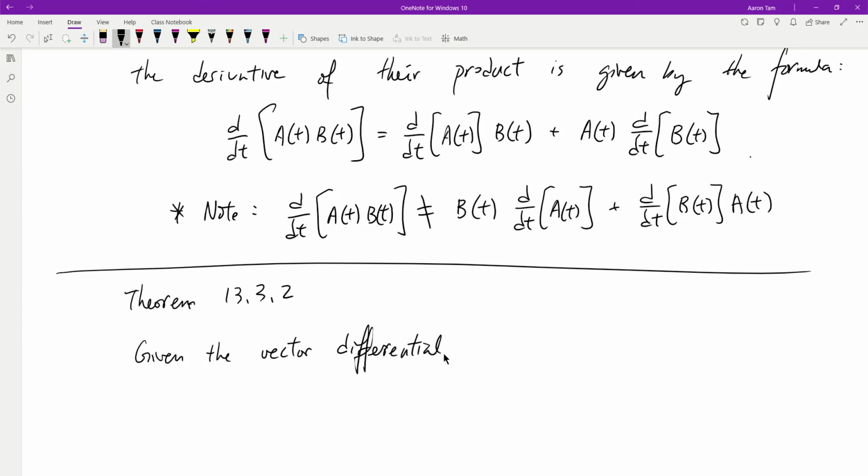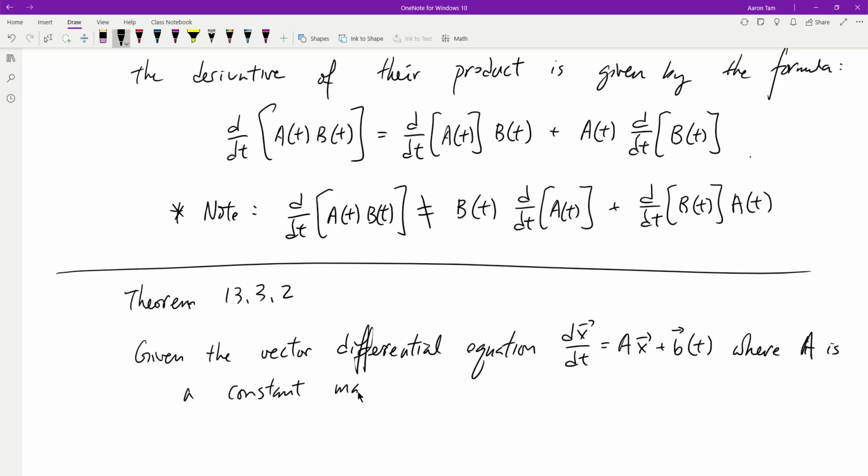When I say vector differential equation, that basically means a system of differential equations: d vector x over dt equal to A vector x plus vector b of t. And here it is very important that A is a constant matrix. We can't deal with A not being a constant matrix, not yet, but we will. And in this case, vector b of t is a continuous function.